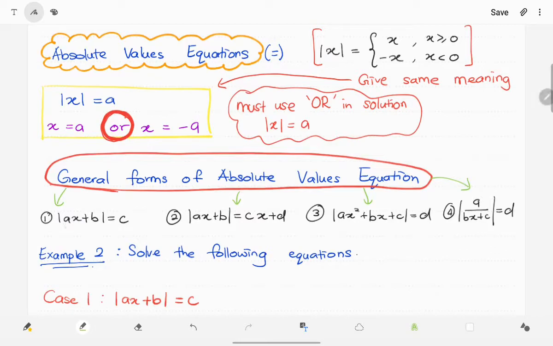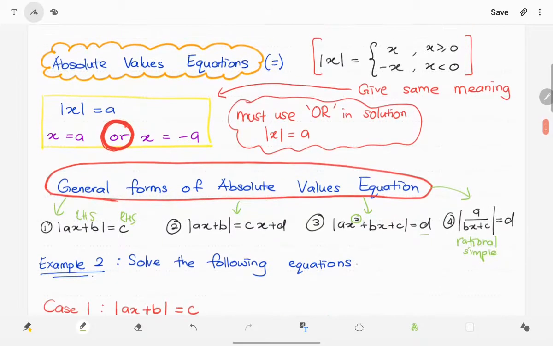The first one is modulus ax plus b equals c, where c is a constant: left hand side is linear, right hand side is constant. The second is modulus ax plus b equals cx plus d: left hand side linear, right hand side also linear. The third one has a left hand side that is quadratic because of the power of 2, and the right hand side is constant. The fourth type is a simple rational, and the right hand side usually is a constant.